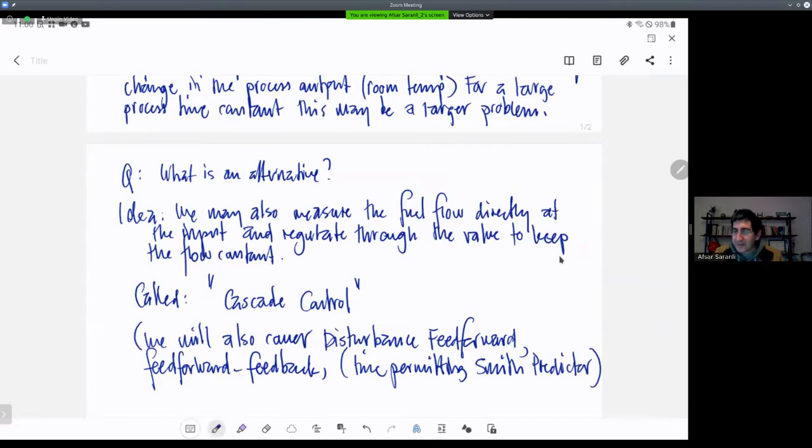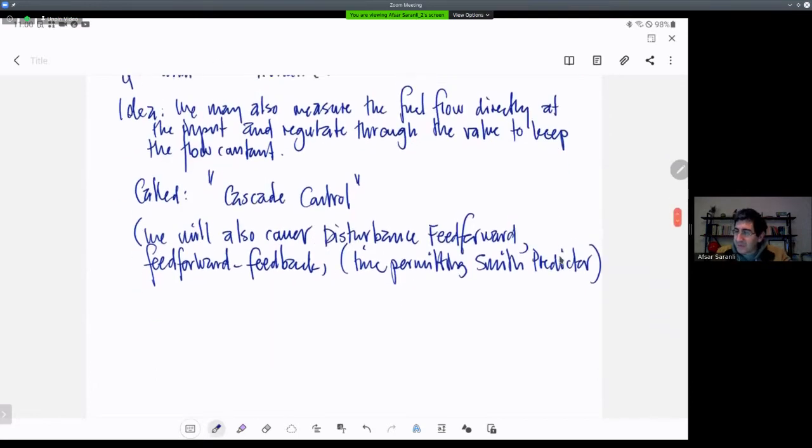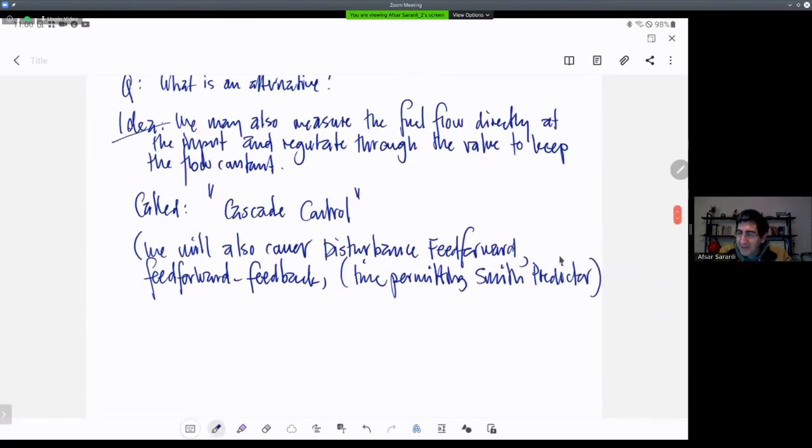Now, note, this fuel flow controller cannot be the only controller in the system, because we still need to regulate the output temperature.